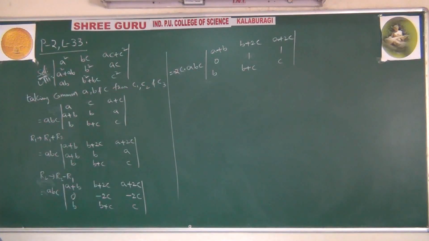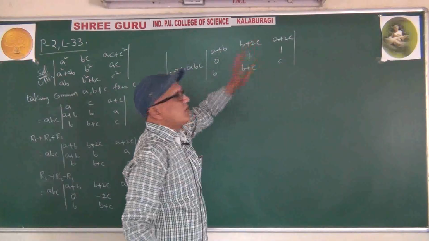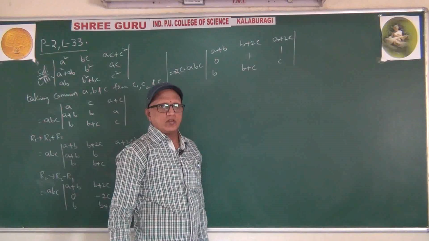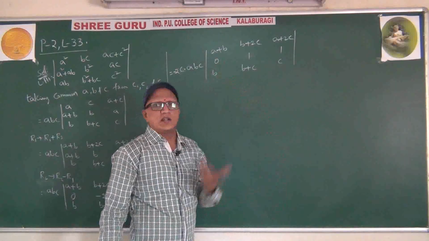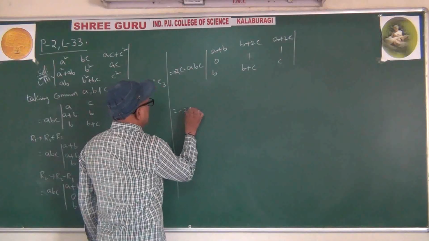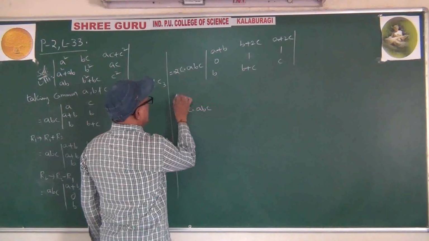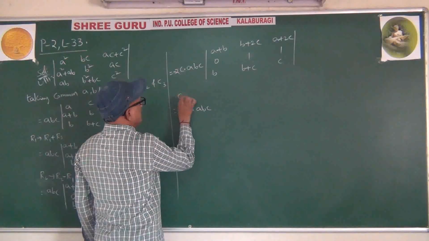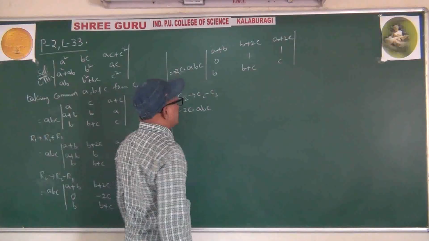If you have patience, then you can do 1 minus 1, 0. One more 0. Expansion will be easy. No patience, then expand it. Right? Here I have patience. So that's why minus 2c into abc. What I am doing? C2 I am changing, like C2 minus C1.